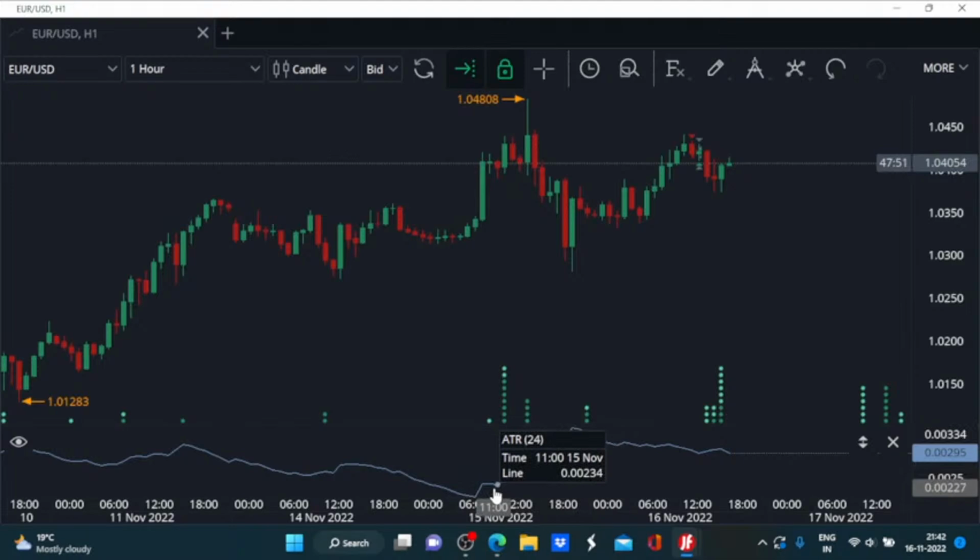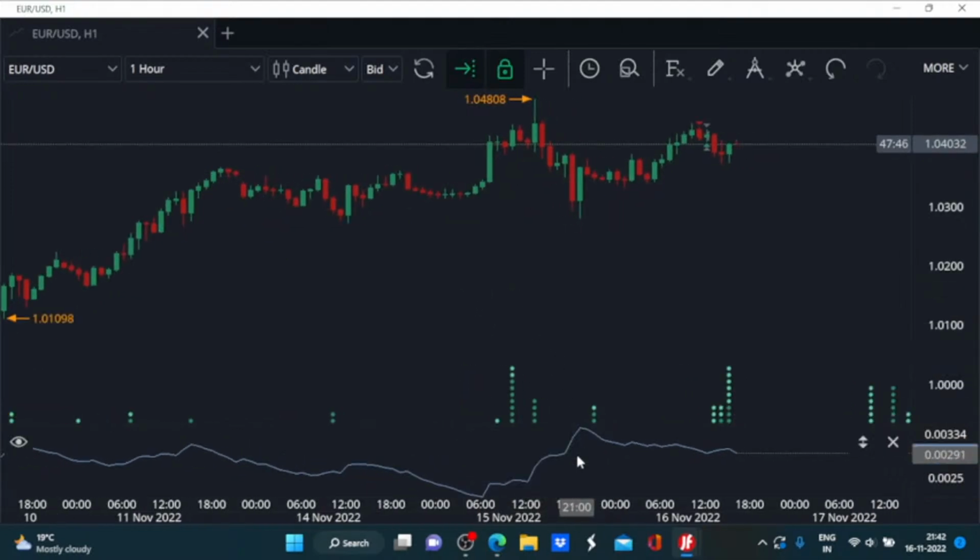So here there was increased volatility in the last session yesterday by the end of the US trading session, and since then the volatility is declining. We have seen from the top made at around 34 pips. Now the volatility, the ATR, is down below 30 pips.